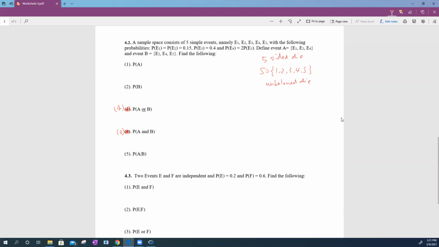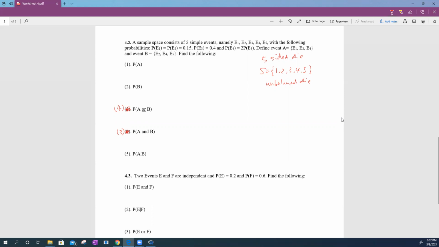You have a 40% chance to see 3, and the chance that you see a value 4 is twice as much as the chance you see a value 5. And then event A is when you observe 1, 2, 4. Event B is when you observe 2, 4, 5. Yep, we have the question set up that way.